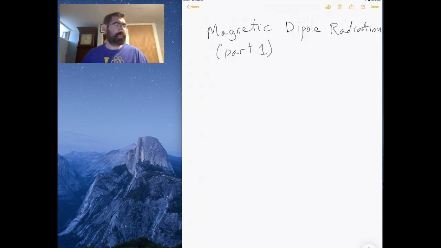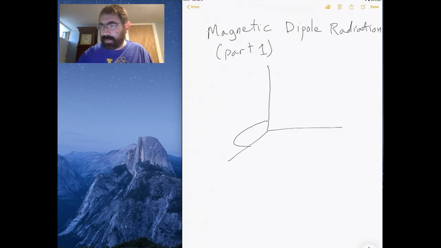Kind of the simplest example we can use is, let's imagine that we have a ring of current that is essentially sitting in the XY plane. This current is oscillating back and forth.